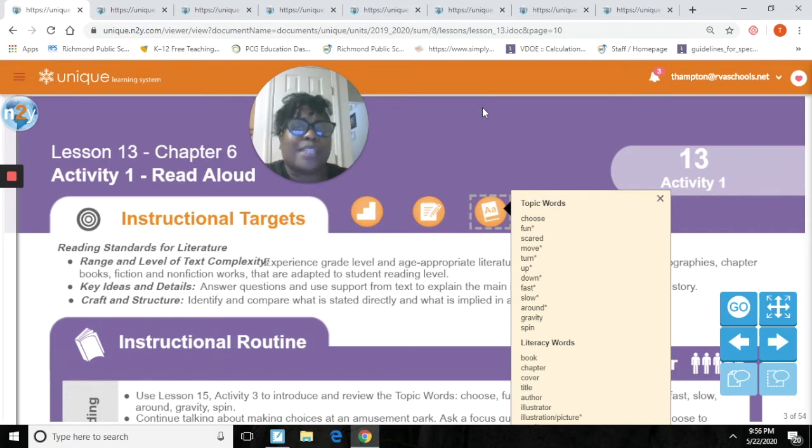You can also use a highlighter to highlight the words, because a good thing to do is to be able to define your words using the story, okay? And then you can go and get a dictionary and compare your definitions to the definitions you find in the dictionary. You can also put these words in alphabetical order.